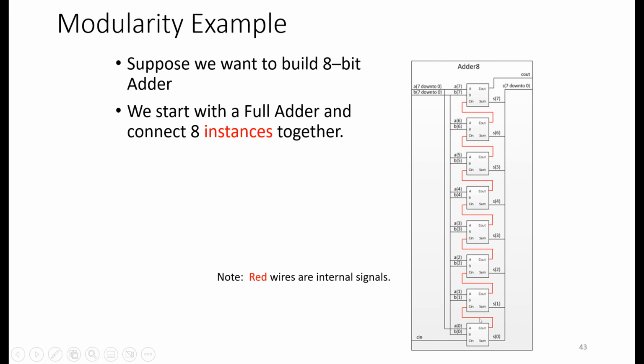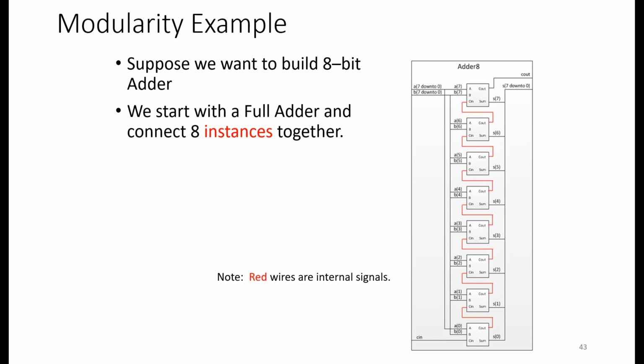Since these red wires are output of C out of this stage 3, and it is at the same time C in for stage 4, it should be a signal. I cannot say it is input or output. It is internal connection, and it can be input, it can be output.